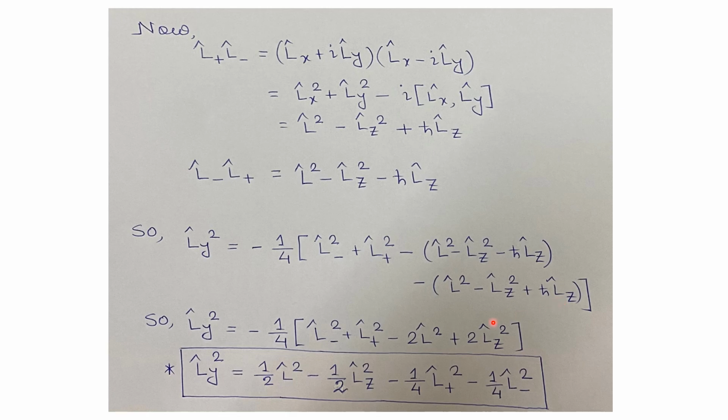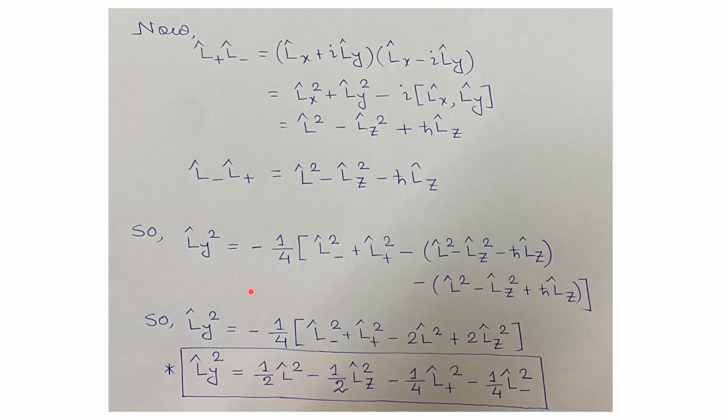After doing all calculations we get Ly squared equals minus 1/4 times (L minus squared plus L plus squared minus 2L squared plus 2Lz squared). So basically Ly squared equals half of L squared minus half of Lz squared minus 1/4 L plus squared minus 1/4 L minus squared.